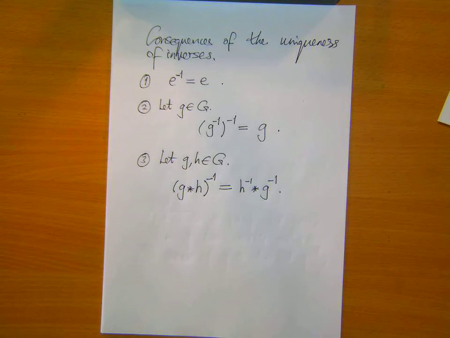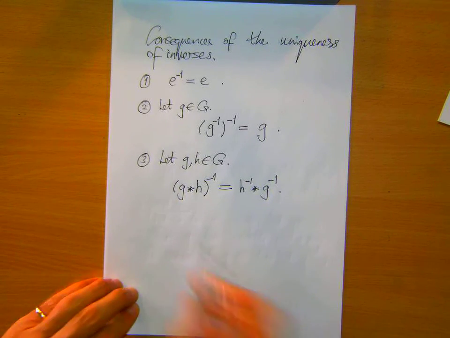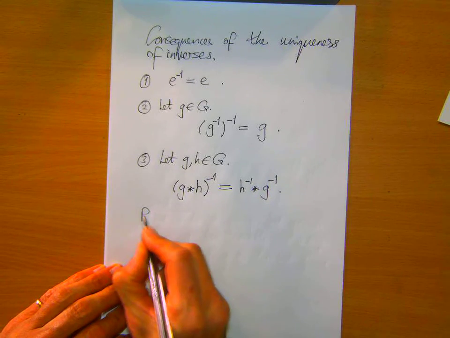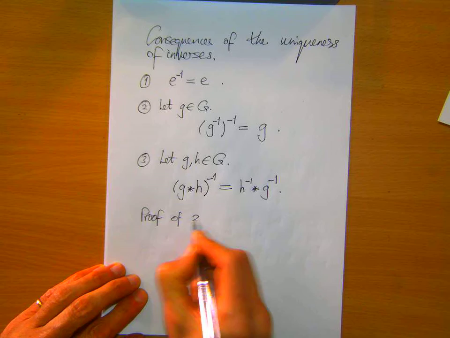If when you're adding and multiplying numbers, you don't notice a change of order, of course, because the binary operation there is commutative. Well, let's prove one or two of these. The proofs of all of them are in the notes. Let's prove, say, 2.